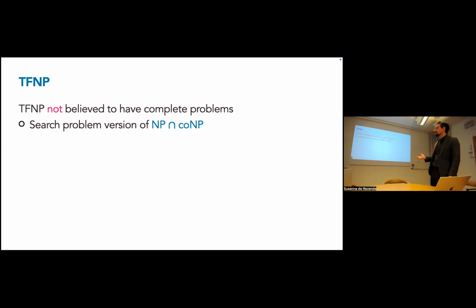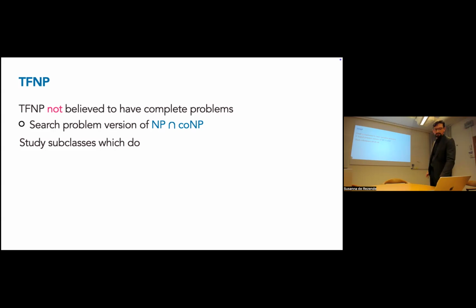Okay, so unlike NP, TFNP is not believed to have complete problems. It's kind of the search problem version of NP intersect co-NP. So because of this, you want to study subclasses of total search problems which do have complete problems, and then try to relate them.